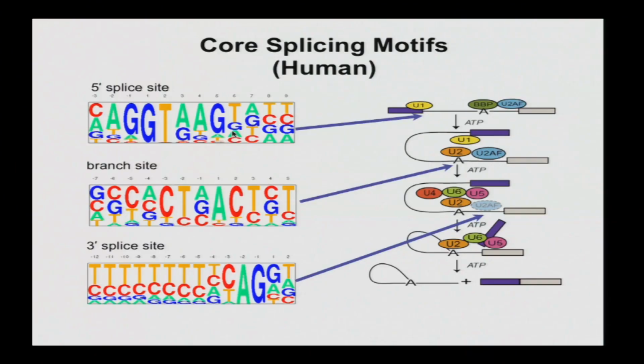Then at the 3' end of introns, you see this motif here. So here's the last base of the intron, a G, and then an A before it. Almost all introns end with AG. Then you have a pyrimidine ahead of it. Then you have basically an irrelevant position here at -4, which is not strongly conserved. And then a stretch of residues that are usually but not always pyrimidines, called the pyrimidine tract.